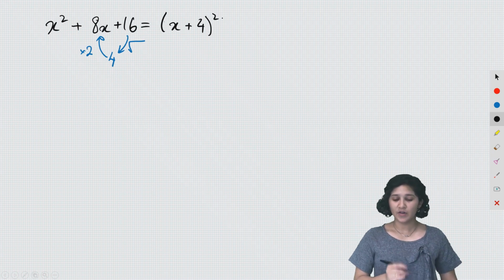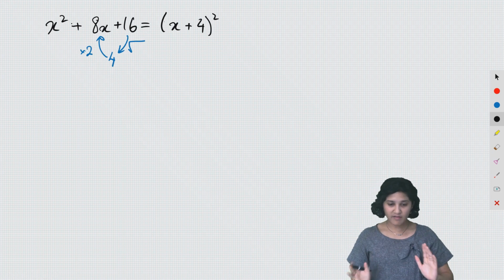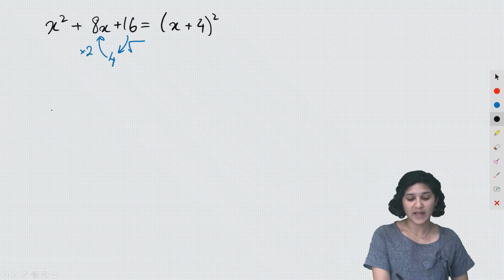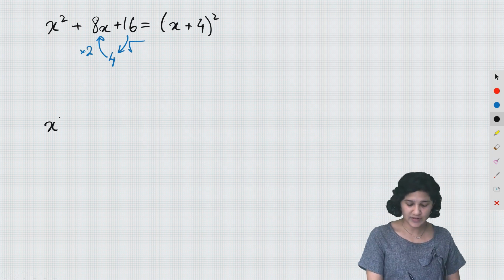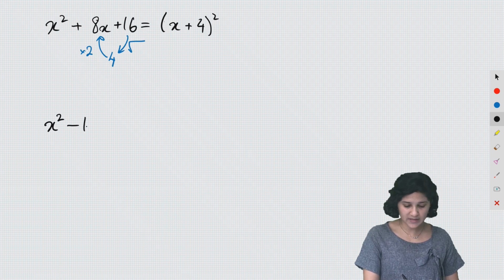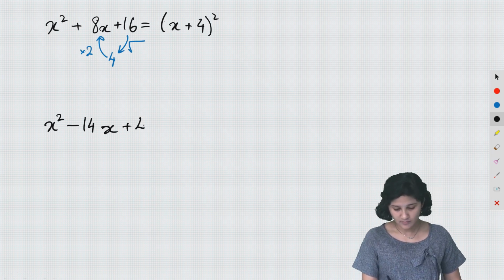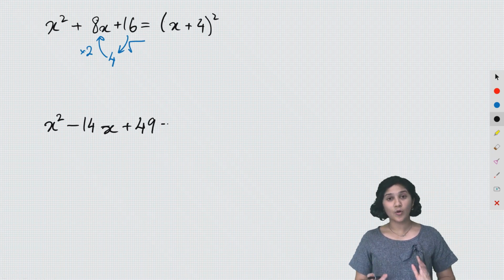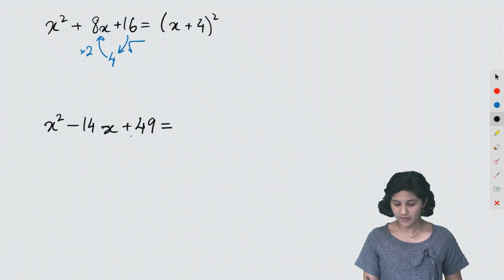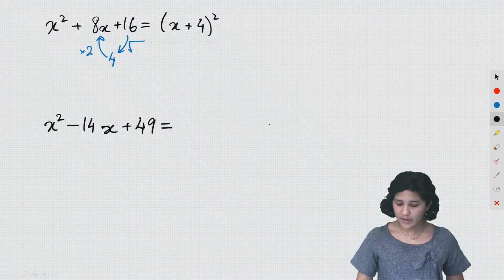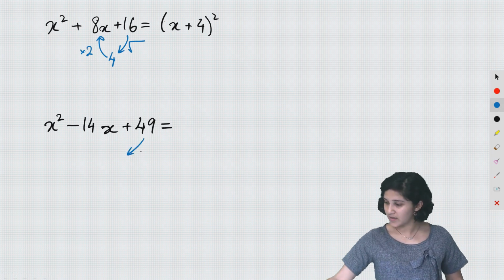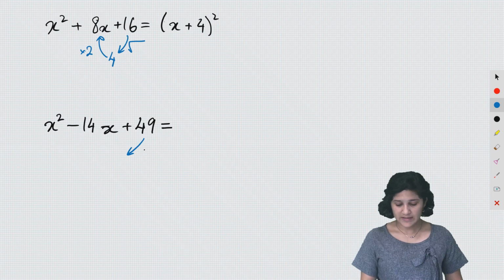Okay, so the other thing it can be is this sign can actually be a negative. So if we look at an example like that, that can also be a perfect square because the square root of 49 is actually plus or minus 7.